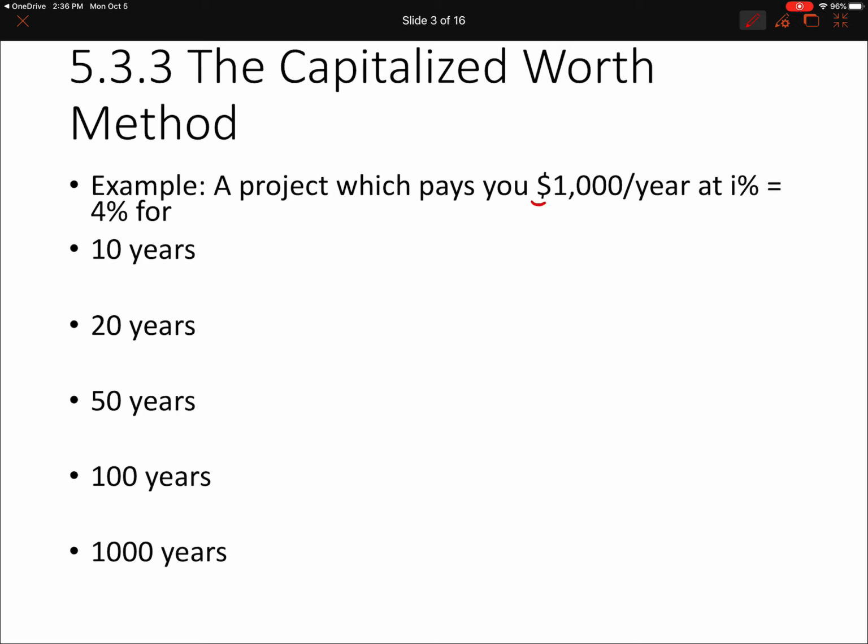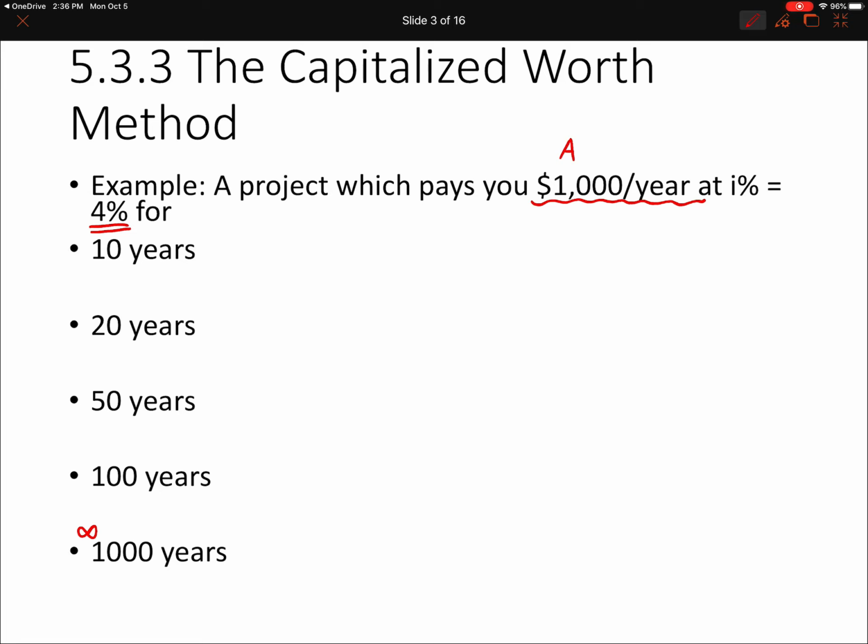All right, now let's take a look at a real case. For example, a project which pays you 1,000 per year. So you're receiving the same amount every year, so it is an annuity, at an interest rate of 4%. Now let's take a look. If we say the timeline is 10 years, or 20 years, or 50 years, and even longer, 100 years, and then 1,000 years, compared to 10 years we could say that's something infinite.